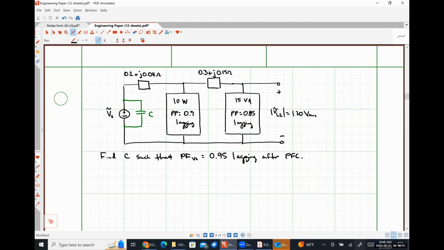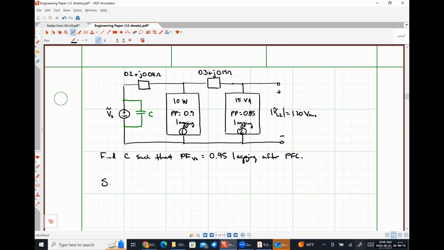So effectively, we're going to work this circuit from right to left in order to figure out what's going on, okay? So let's start by looking at load 2. I'm going to put this 2 down here indicating that that's load 2, this 1 down here indicating that this is load 1.